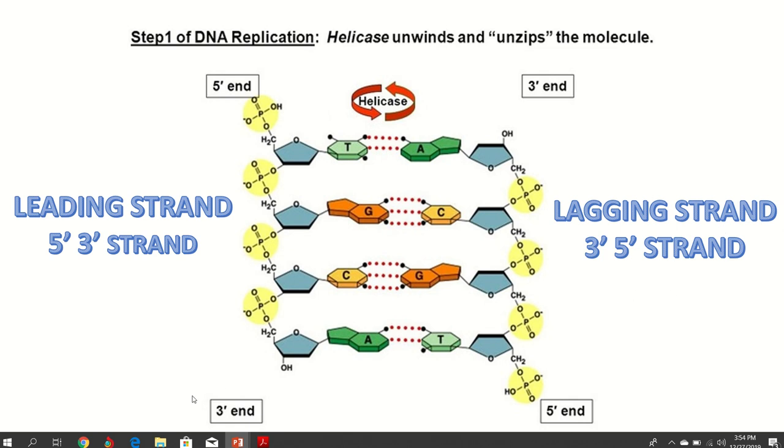Now, why is it called the leading or 5 to 3 and why is it called lagging or 3 to 5? The reason why the left strand is called the 5 to 3 strand is, let us go back to the carbon atom.